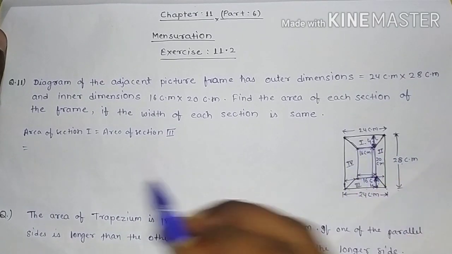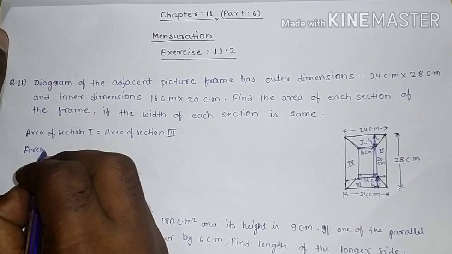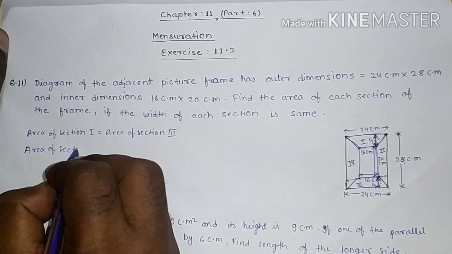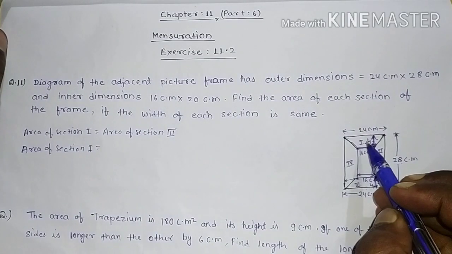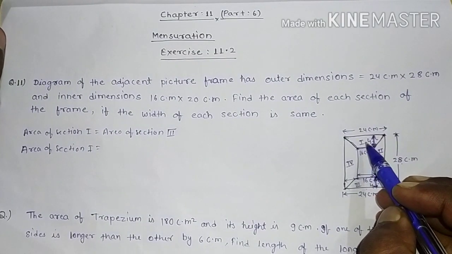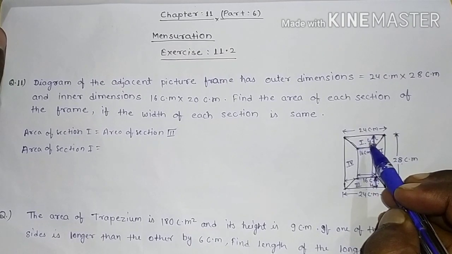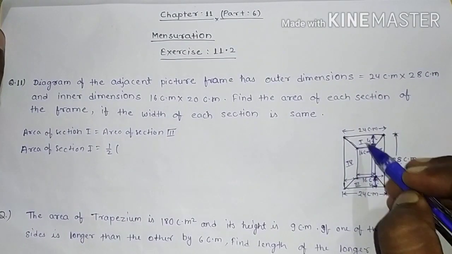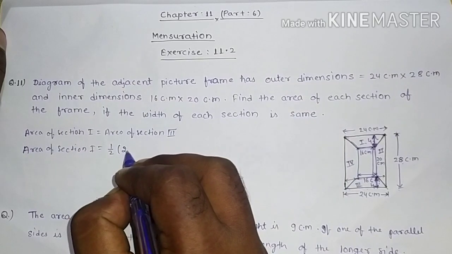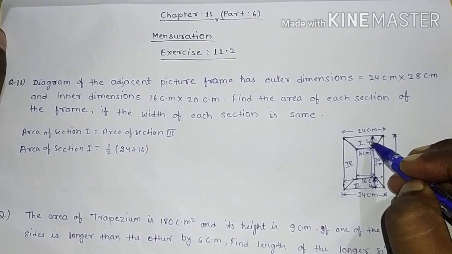First we have to find the area of section first. This is the first section, which is in the shape of a trapezium, so the area of a trapezium will be half the sum of parallel sides, that is 24 plus 16, into width, or you can say height. So the width is 4 centimeter.